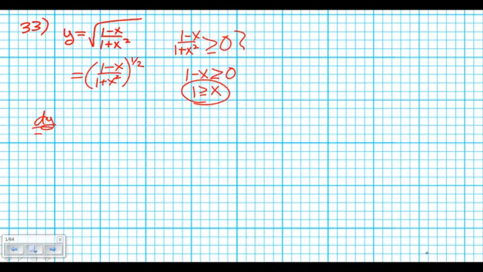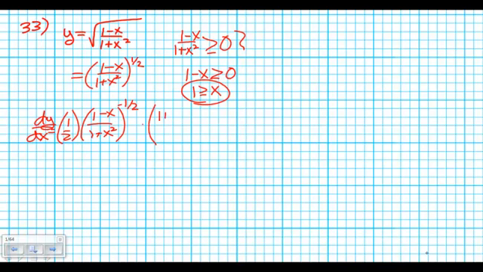dy dx is equal to 1/2. Keep the inside the same. Reduce the power by 1. And now I've got to do the quotient rule for my chain.